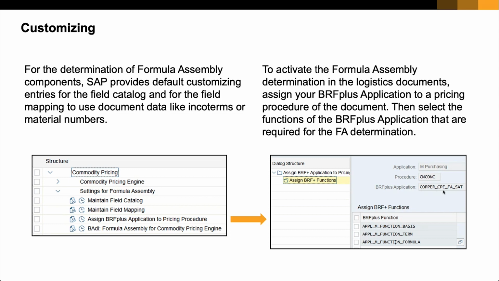You assign which BRF plus application needs to be used. And within this application, you select what functions have to be used. Definitely we need all three: the formula function, the term function, and the basis function. We do not delete any one of these. We need all three to run.